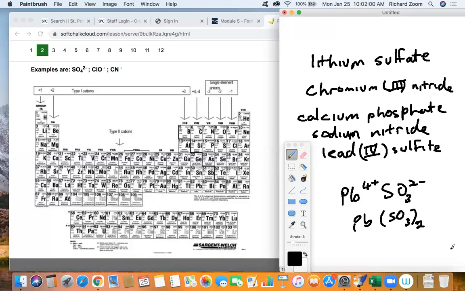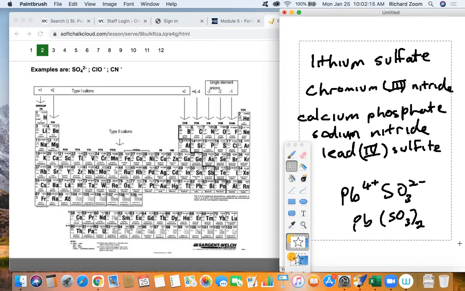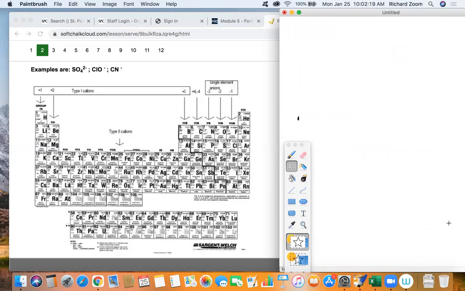All right, so that's pretty much what we do. Let's look at a couple of names of acids here as well, and maybe some names of non-metal compounds as well.